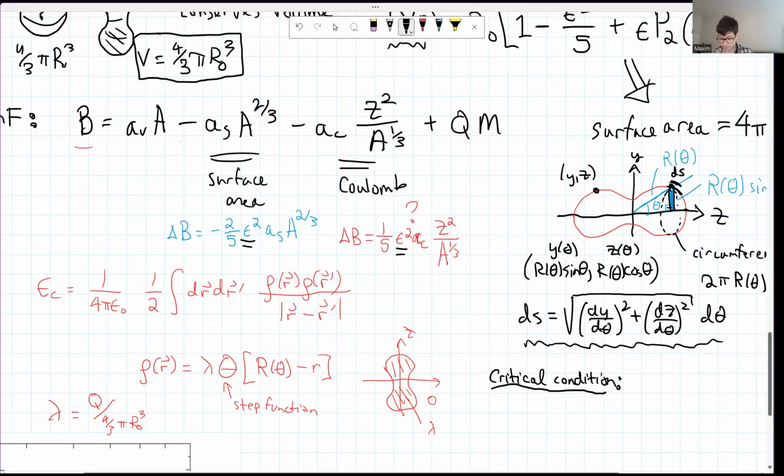And the critical condition is that you want the Coulomb term to be bigger than the surface area term.